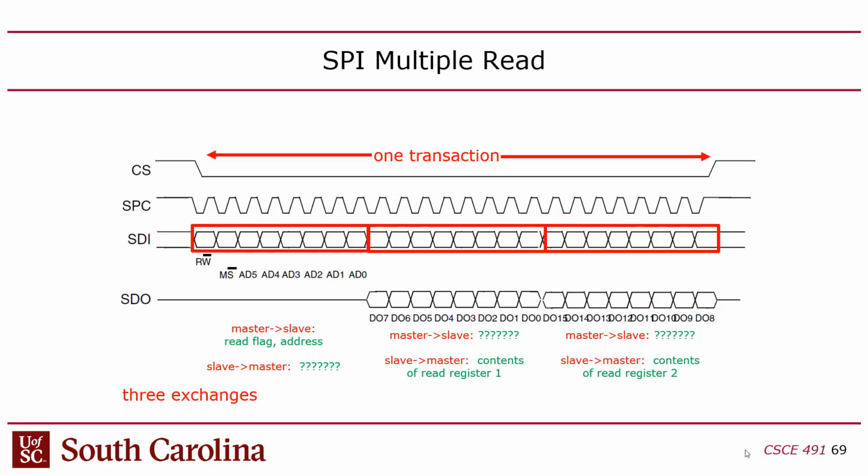Also, notice this is weird. If this is a read, why is there data here on MOSI? This should be flat. These two, from here to here, should be a flat line. Right? Why'd they show it that way? I don't know. I have no idea. That's why I put question marks there. I don't even know what that's meant to indicate.